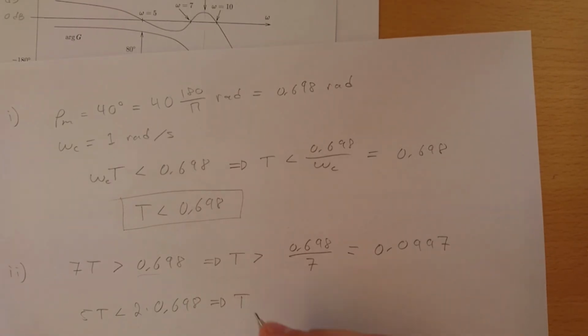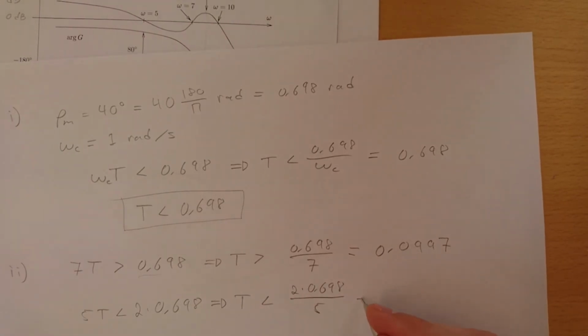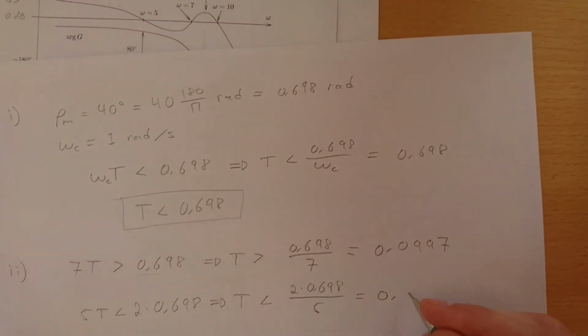And this implies that the time delay must be smaller than 2 times 0.698 over 5, which is equal to 0.279. So there are two requirements here.